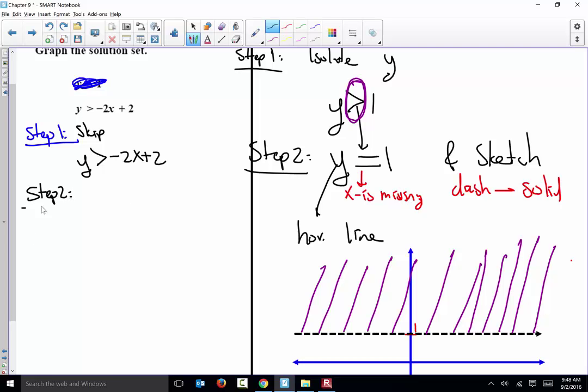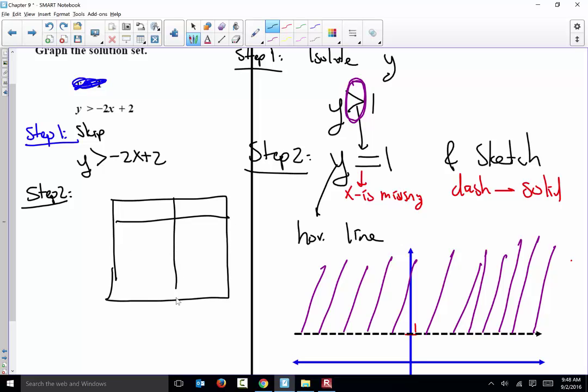Step two. We can't skip this one. We need to make this table because I have X and Y both present. I need to enter 0 in X and compute Y in this equation. First, make an equation. The equation must be made first. Turn this inequality into equal and compute the Y value by entering X equals 0, which is 2.